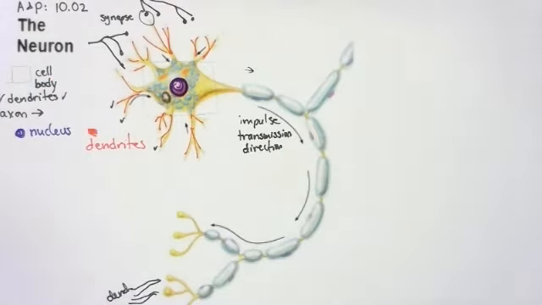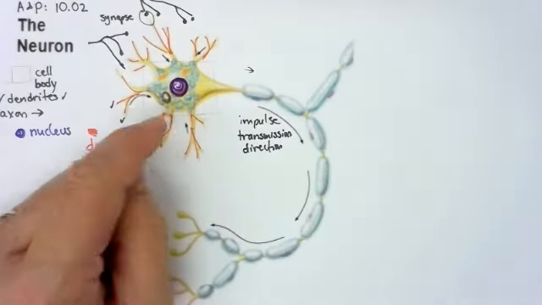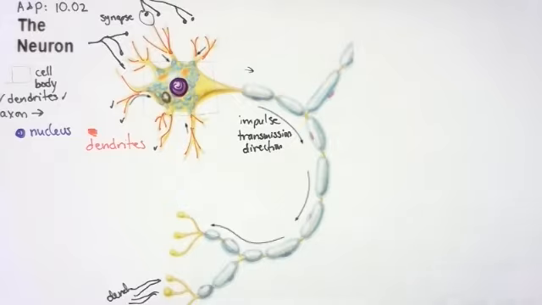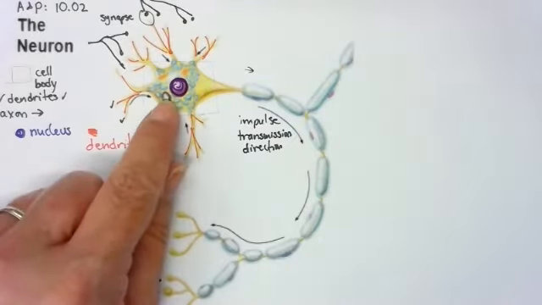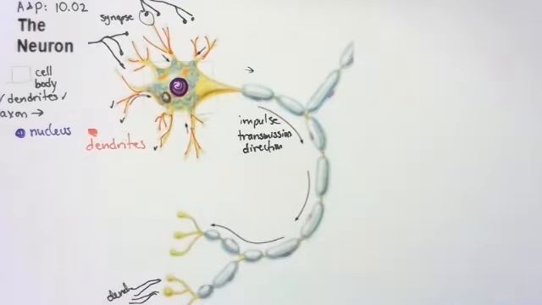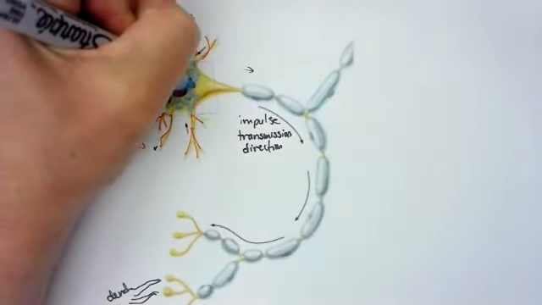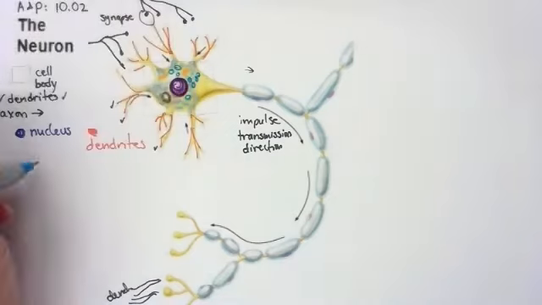We have substances in the cytoplasm of the cell body, just like we do with other cells. What you're looking at here is probably a mitochondria, but you'll notice we've got this granular looking blue stuff, and I'll do this in light blue. This is called the Nissl substance or the Nissl bodies.